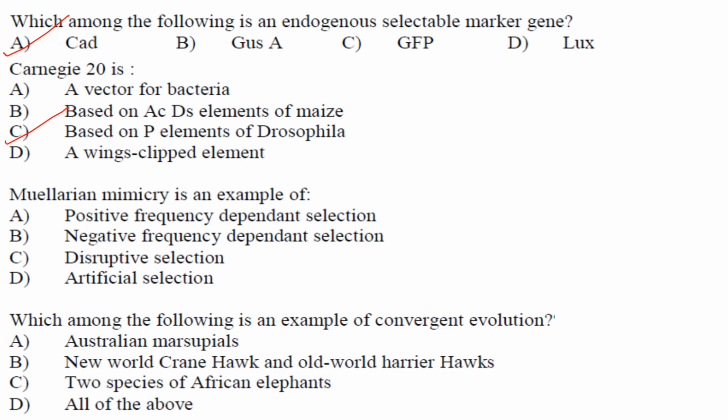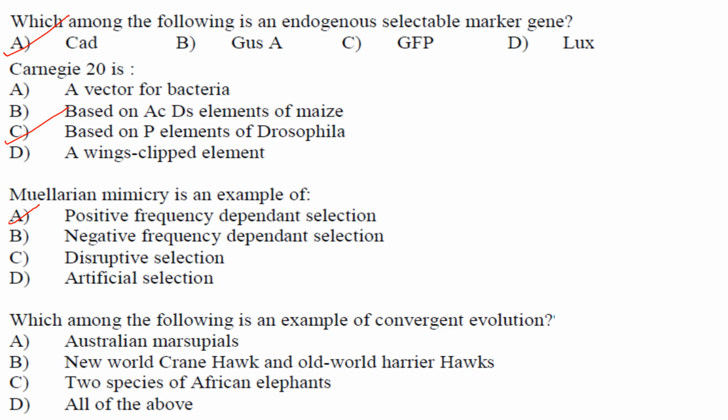On seeing the viceroy butterfly, which is also similar in appearance to the monarch butterfly, it will think that the viceroy butterfly is actually the monarch butterfly, and it will not eat that viceroy butterfly. So viceroy butterfly is protected in an indirect way by the monarch butterfly. This is Mullerian mimicry. And this is positive frequency dependent selection. Answer is option A. In this, the common phenotypes have fitness advantage.